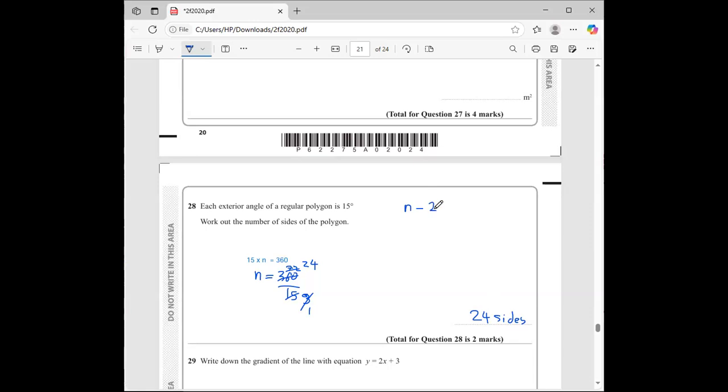The sum of interior angles of a polygon is given by n minus 2 or 2n minus 4 right angles. Then you divide by n to get one of the interior angles. Okay, so this is the whole idea, right?